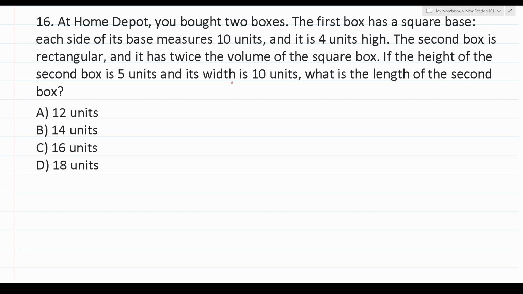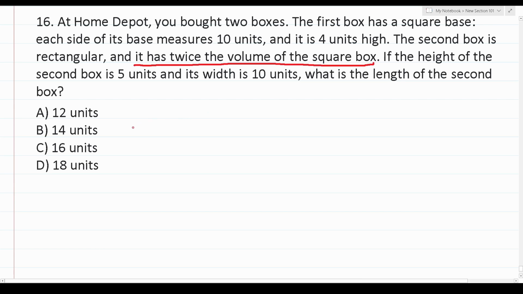All right, so for this problem, the first thing that should jump out at you is this. The second box has twice the volume of the first box. So in all likelihood, we're going to have to find the volume of each of these boxes. Well, as it happens, boxes are nothing more than rectangular prisms.